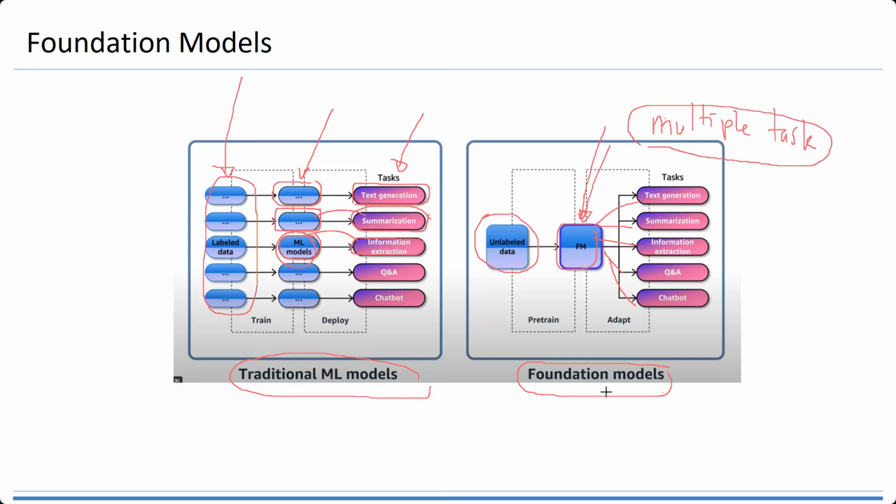So that's why in the foundation model, we usually use the word generative AI. Generative AI means I have no label, I have no target data, but I can do something. I can do text generation, summarization, information extraction, Q&A, and I can do a chatbot and so on.